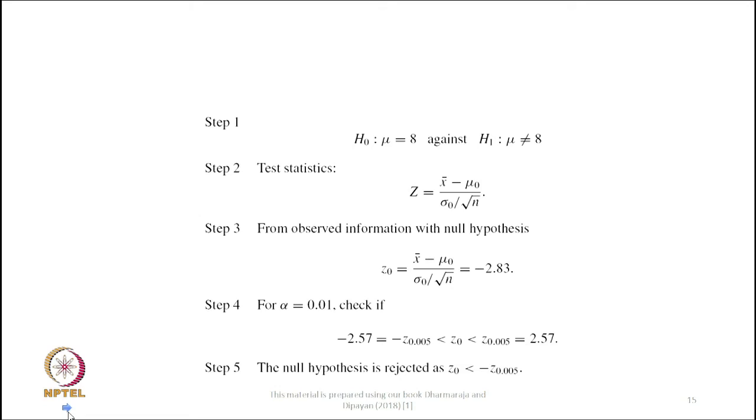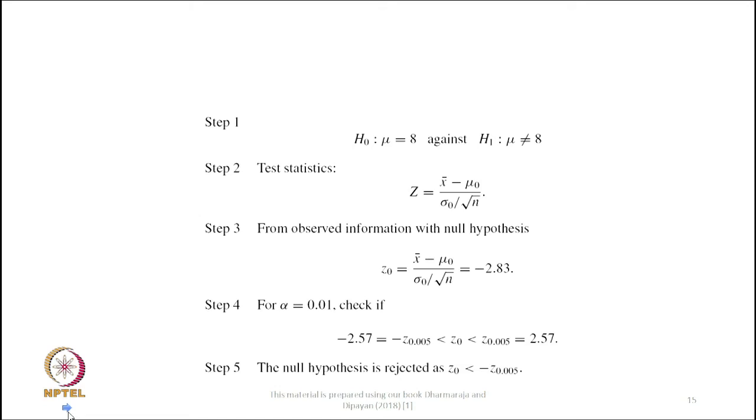you obtain the value using the observed information, you find out the value of the test statistics with the null hypothesis and observed information. That is step 3.